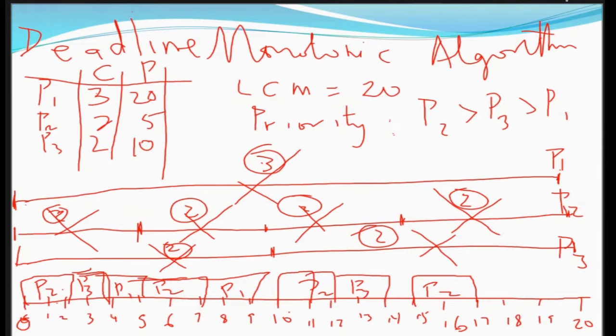Okay, so now the next one to consider is deadline monotonic algorithm. So here, the parameters you'll be giving, of course, process is part. So process 1, process 2, process 3 for this example.